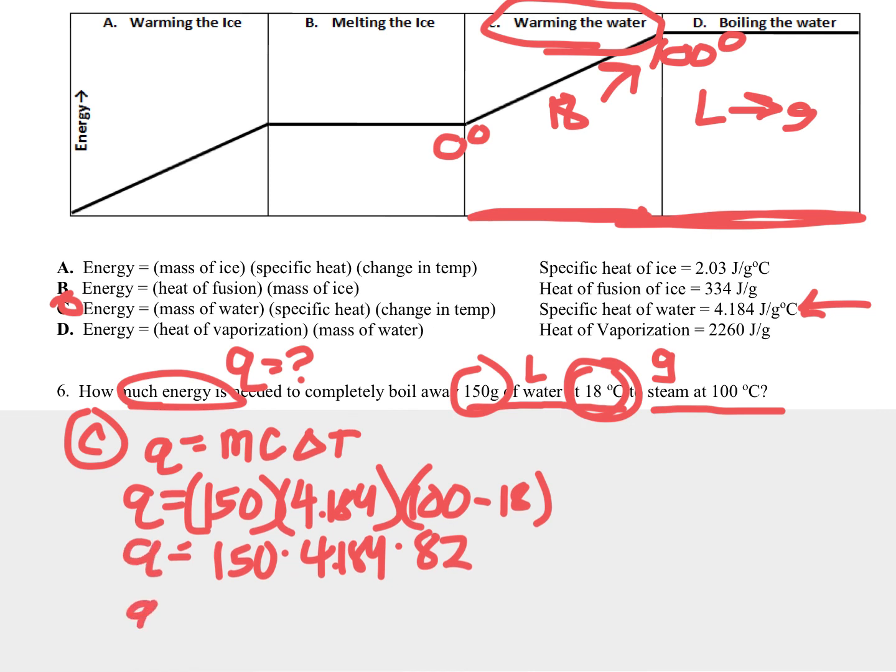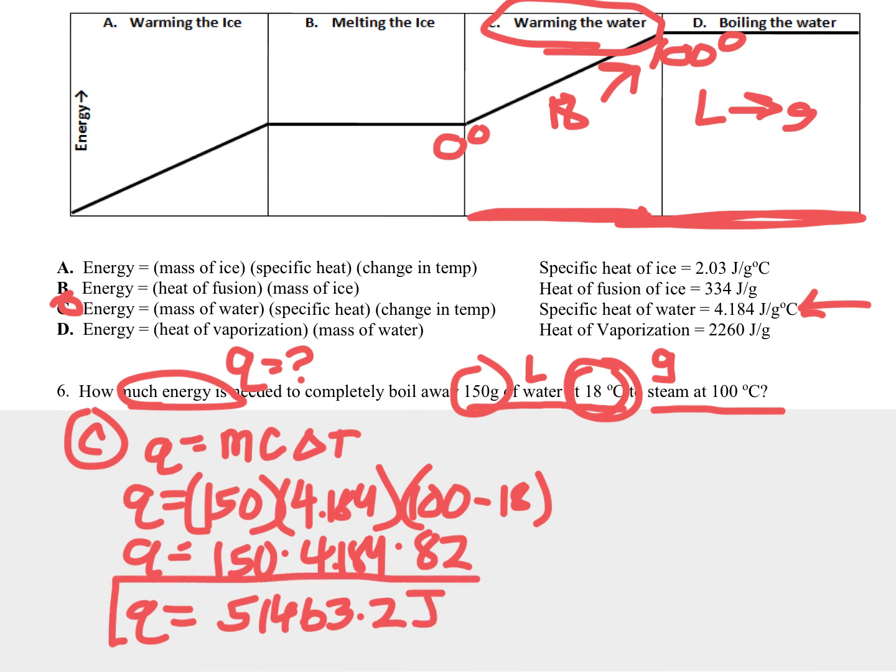I'm going to throw that in my calculator, 150 times 4.184 times 82, because that's 100 minus 18, and I end up getting about, let's see, 51,463.2 joules. Okay, that's good. That is the energy for box C in order to heat up the water to 100 degrees.